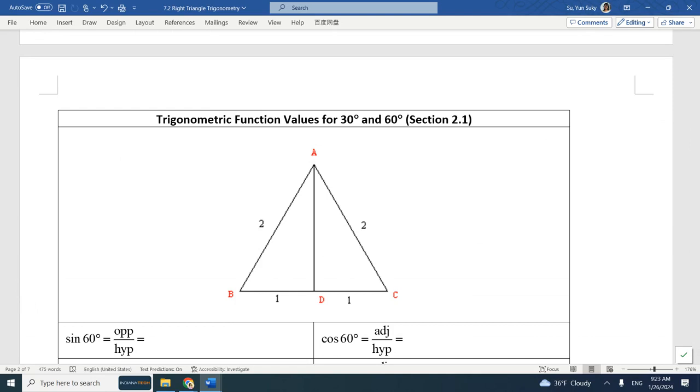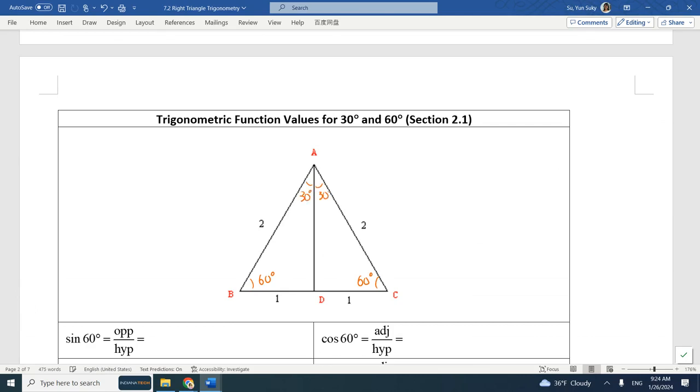Because all the 3 sides are the same, therefore all the angles are the same, right? And you know the sum of the 3 angles is what? 180 degrees, and 180 degrees divided by 3 is 60 degrees. So this is 60 degrees, this is 60 degrees, and this one is 60 degrees, and what's 60 degrees divided by 2?